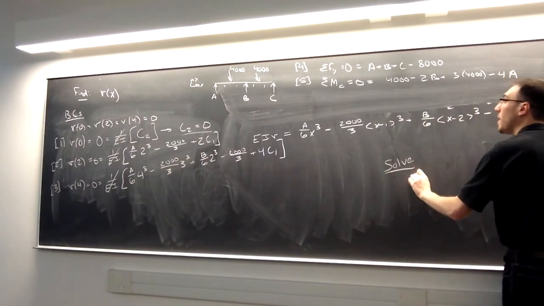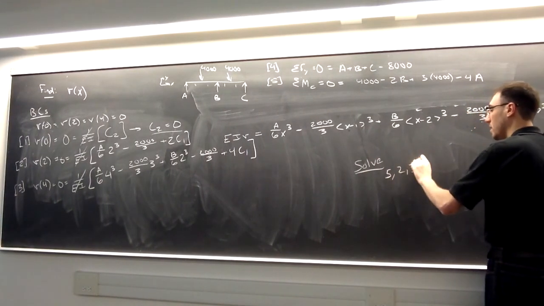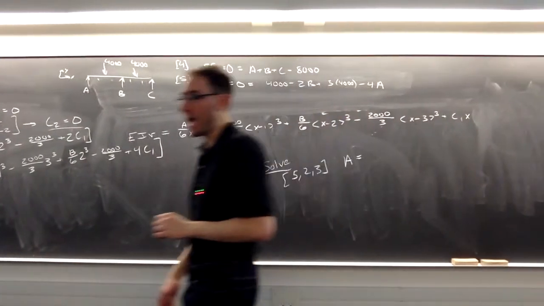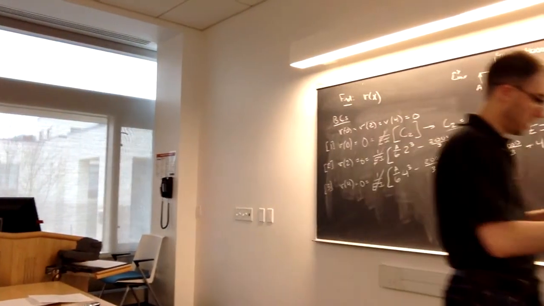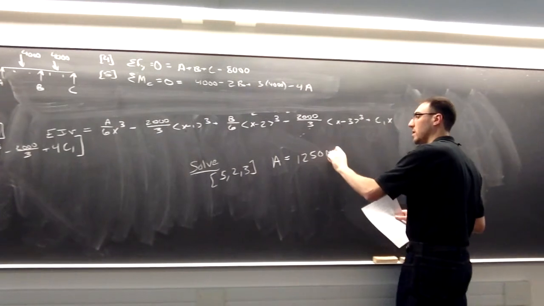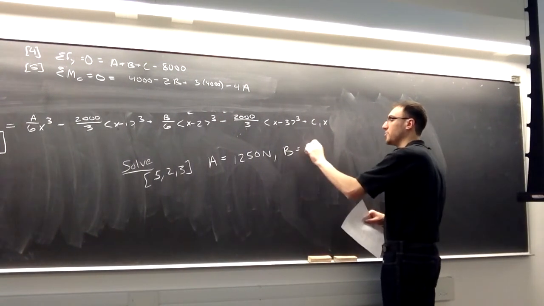So again, taking equations 5, 2, and 3, I can find that A is 1250 newtons. B is 5500.